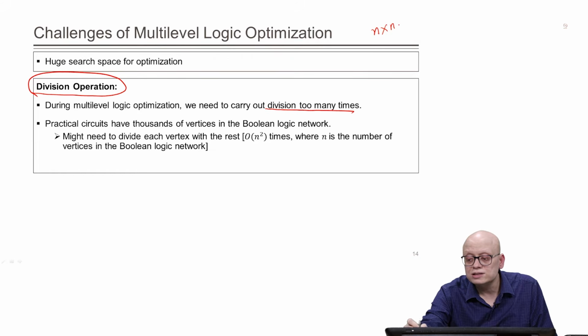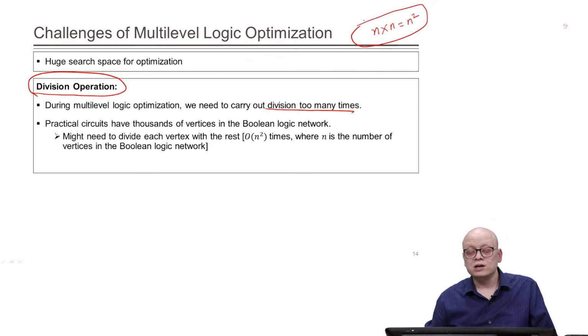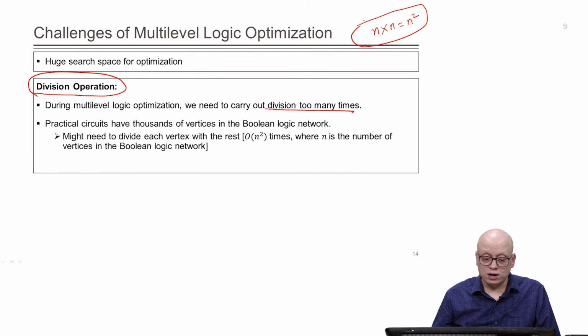So, n into n is equal to n square. So, n square kind of division operations might be required, and therefore, the efficiency of Boolean division operation is very important for multi-level logic optimization.